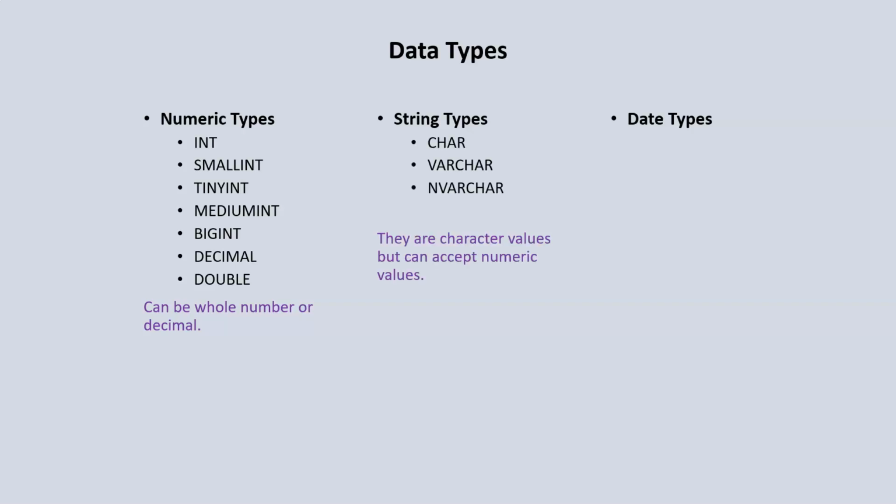Under the string types, we have CHAR, VARCHAR, and NVARCHAR. All of these stores character values, but can also accept numeric values. Under the date types, we have date that stores information about dates. We have datetime that stores date and time information. We have timestamp that stores current time and date. And we have the year that stores information about the year.